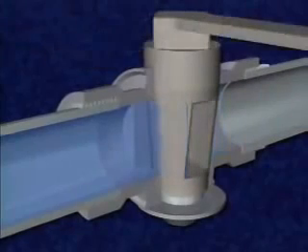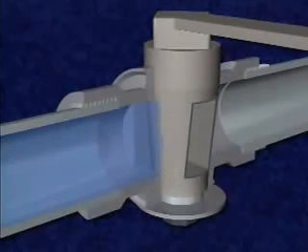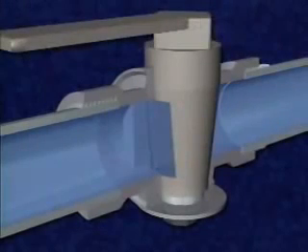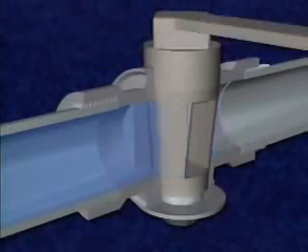When the valve is fully closed, the plug is turned so that its ports are perpendicular to the valve body's inlet and outlet. For proper operation, the plug has to be able to turn in the seat, but the plug and the valve body must fit closely, so there's no leakage around the plug when the valve is closed.